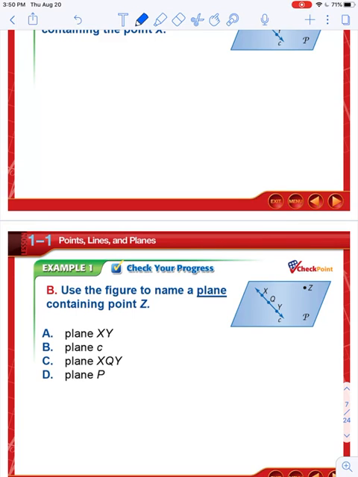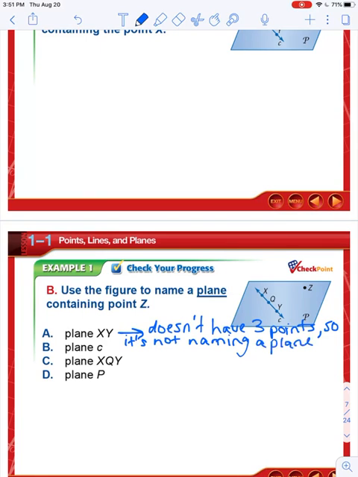Use the figure to name a plane containing point Z. So we cannot use choice A because XY does not have 3 points, so it's not naming a plane. Plane C is actually a line.